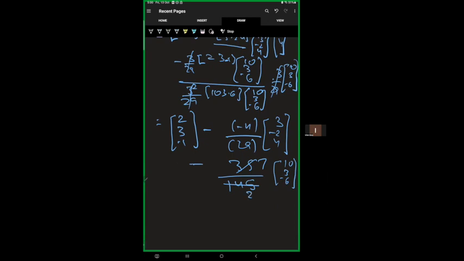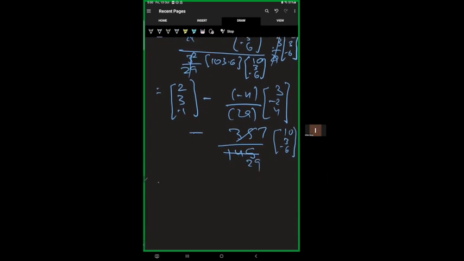And we can find that this is equivalent to 2 plus 12 by 29 minus 70 by 29, which is equivalent to 2 minus 58 by 29, which is equal to 2 minus 2 is equal to 0. Then we have 3 minus 8 by 29 minus 21 by 29, which is equivalent to 3 minus 29 by 29, which is equal to 3 minus 1 or 2.